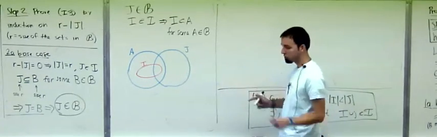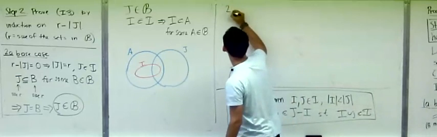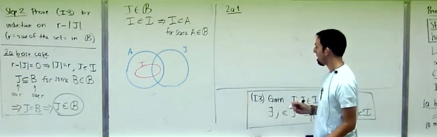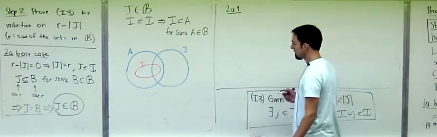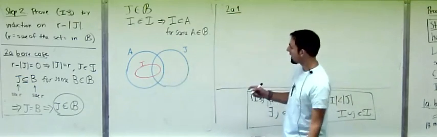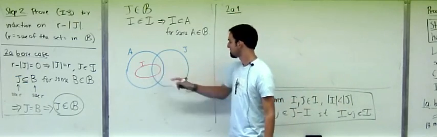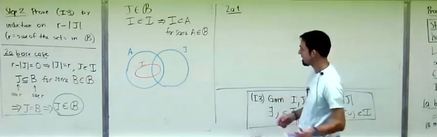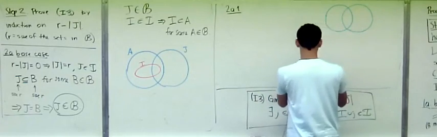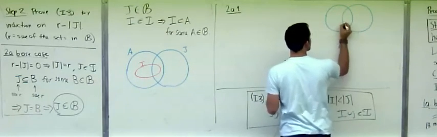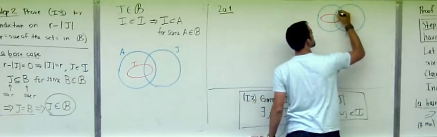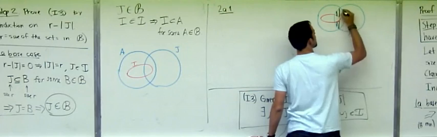So we're in this base case, and I'm going to consider three possibilities. The first possibility is that I can find an element in this little piece right here. So I'm going to consider this piece right here in the Venn diagram.